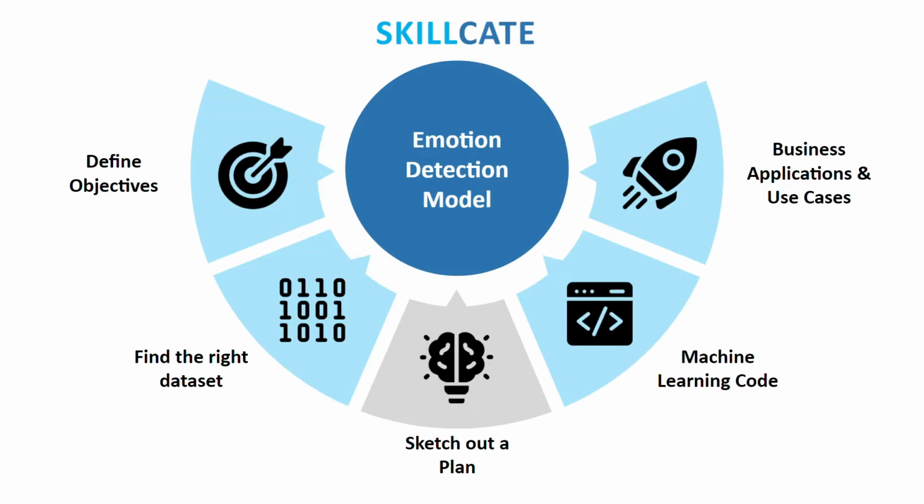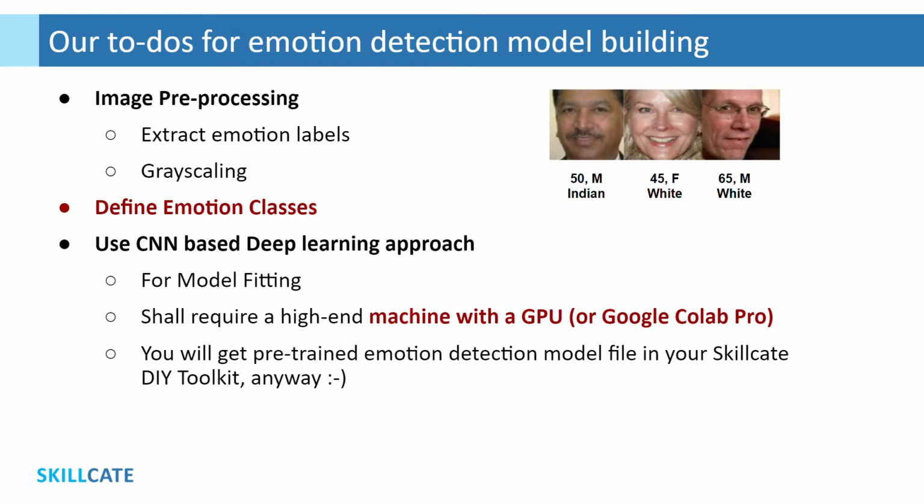Alright, now let's sketch out a plan on building our emotion detection model with CNN based deep learning. We already have around 981 images with us. We would need to extract emotion labels embedded into the subfolder names of these images. We shall also convert our images to grayscale.